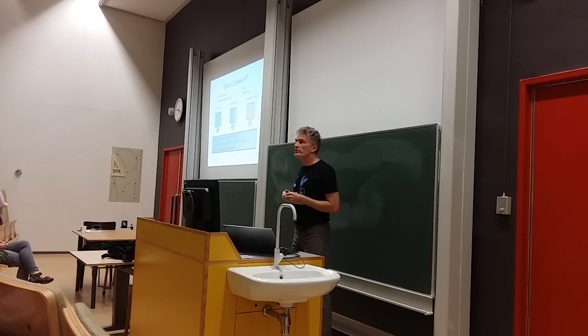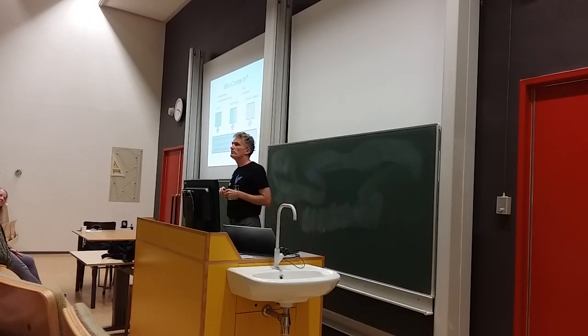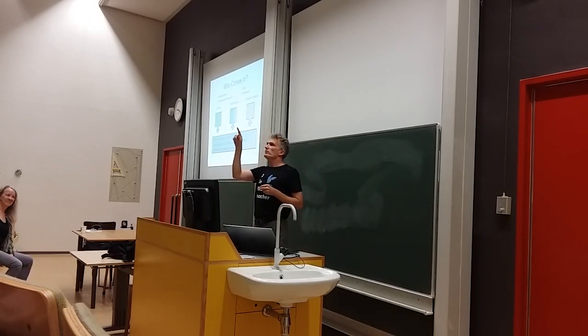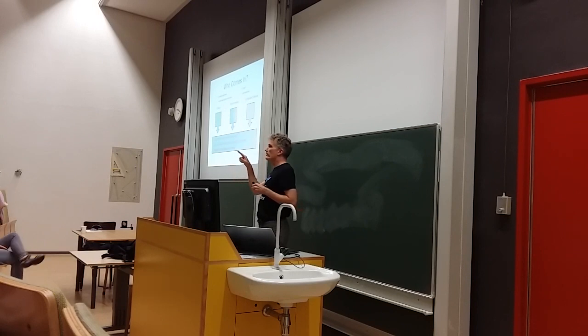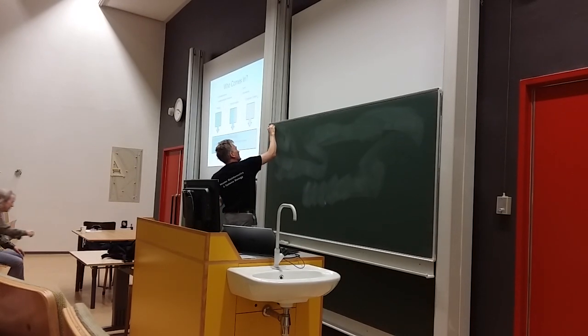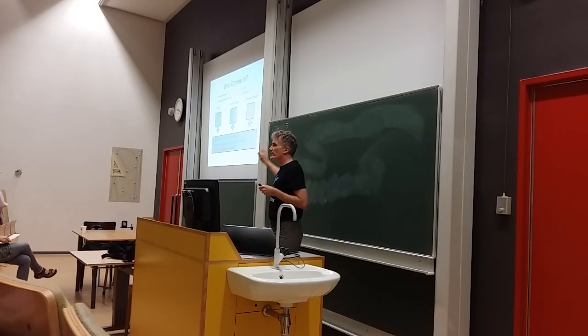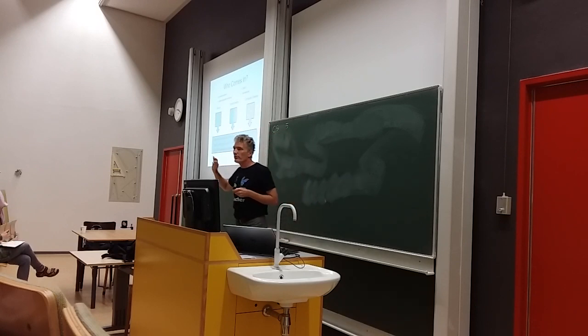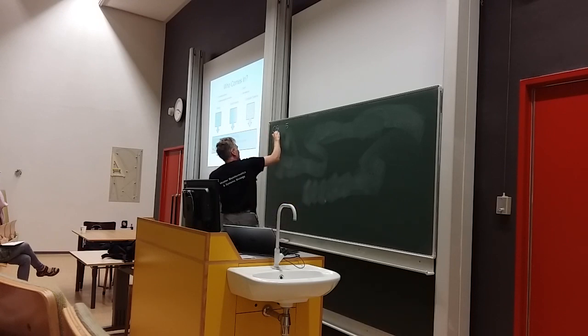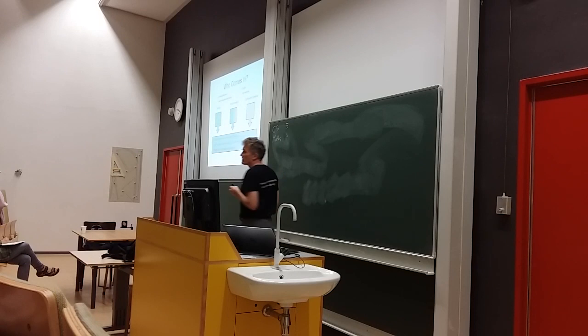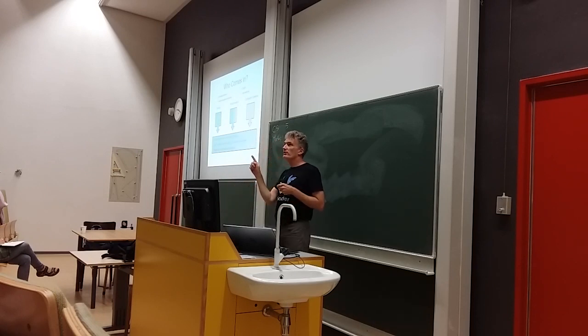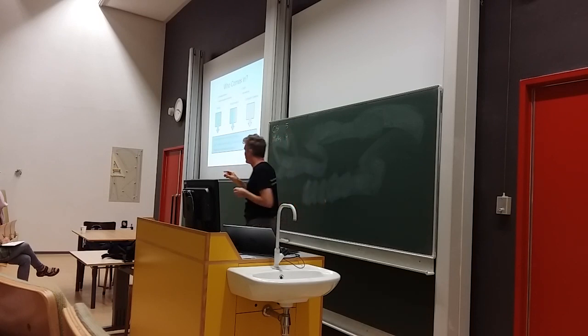Who has a background in computer science? 1, 2, 3, 4, 5. Okay. Let's stay on that side of things. So mathematics. 1, 2, 3, 4. Physics. 1. I was going to say there's usually 1 or 2 from physics.